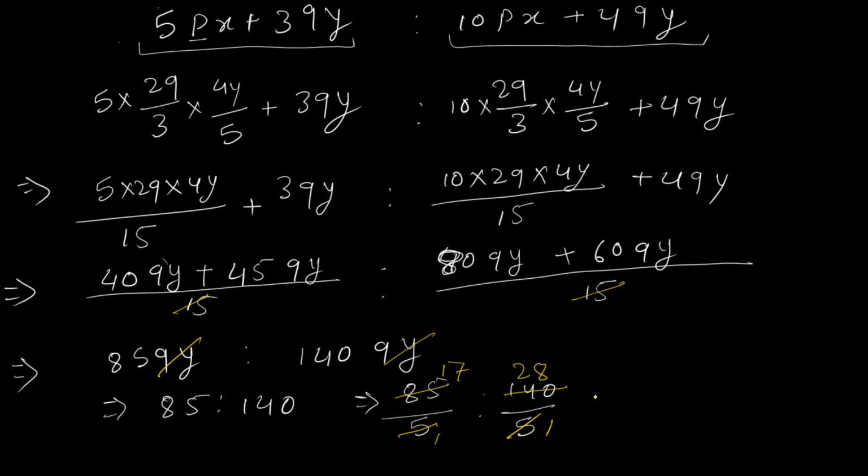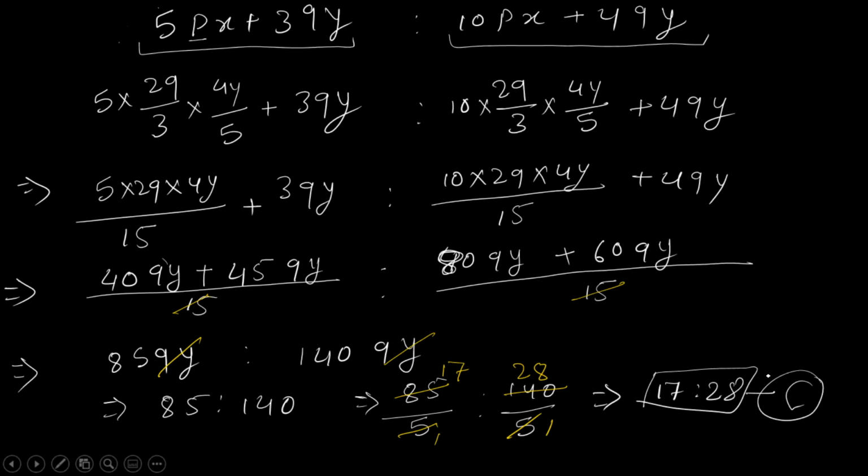So what has the simplified ratio become? 17:28. Is there any option? 17, yes sir. Option C, right? Right sir. So this was the easiest one, isn't it? Yes sir. Okay, so we are done with 22.